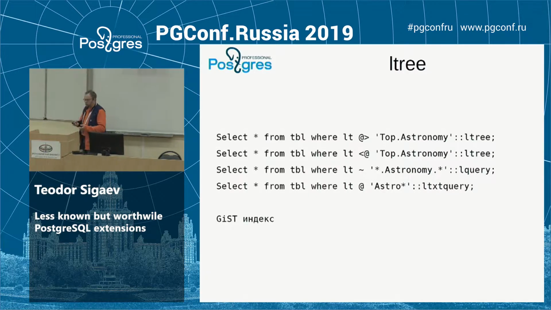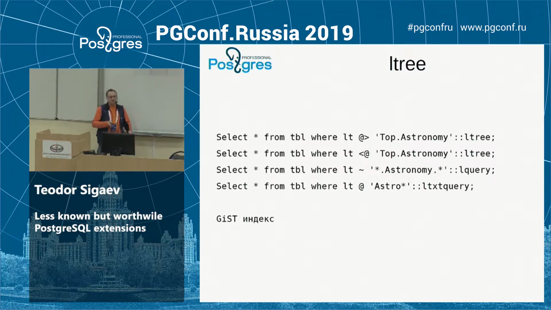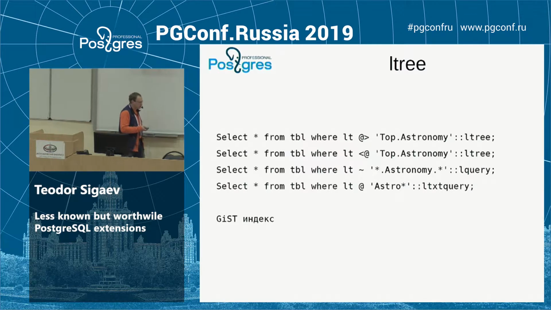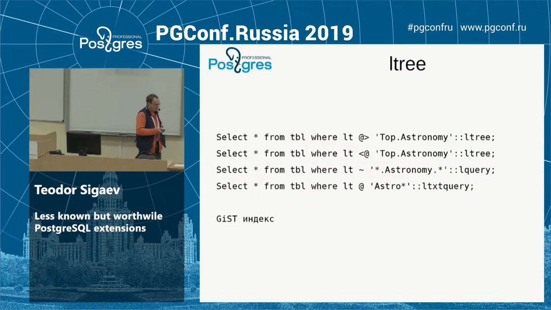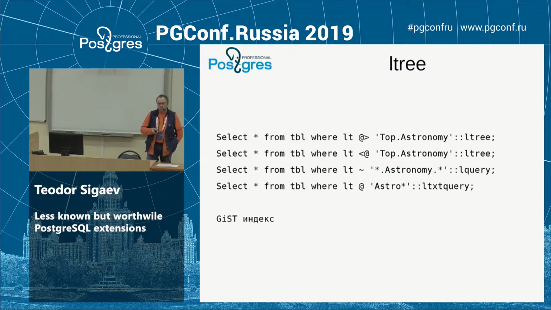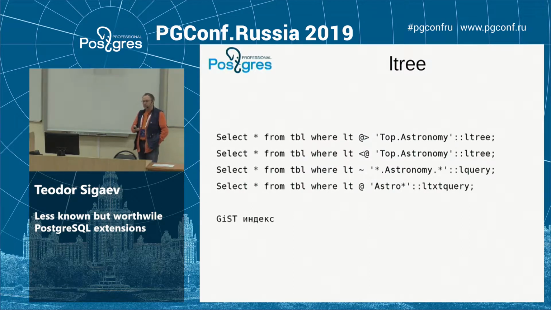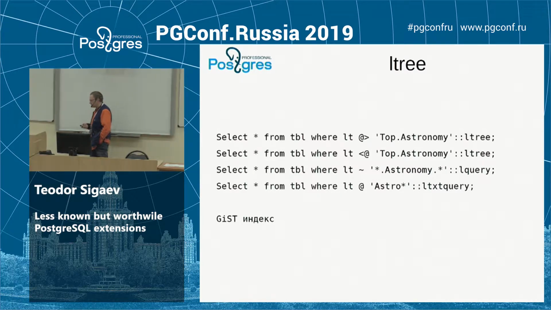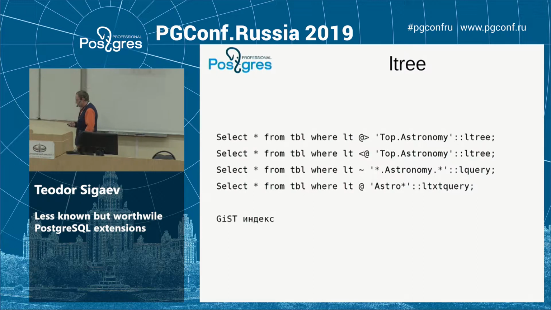This is why with the L-tree column you can build an index. This index will operate fast, about 10,000 times faster, but this is not a B-tree, this is not a unique B-tree, so it will not be as fast as a unique B-tree.